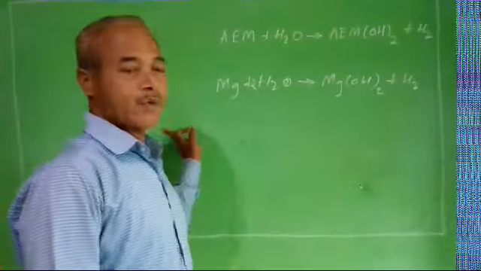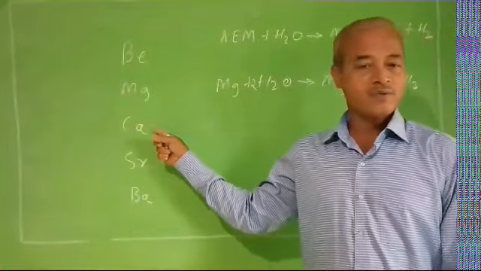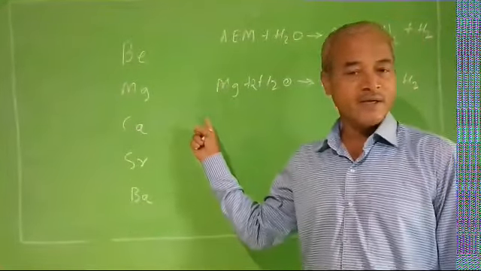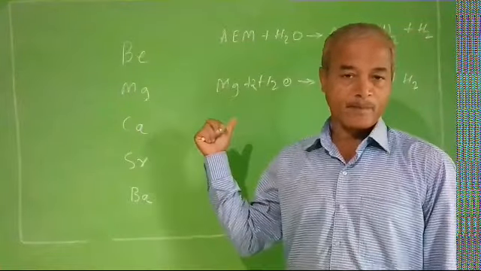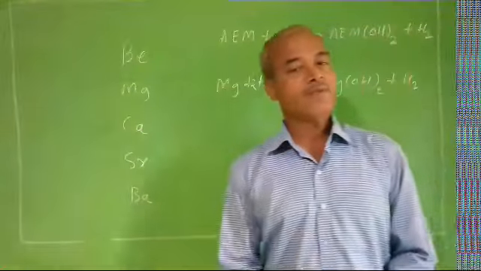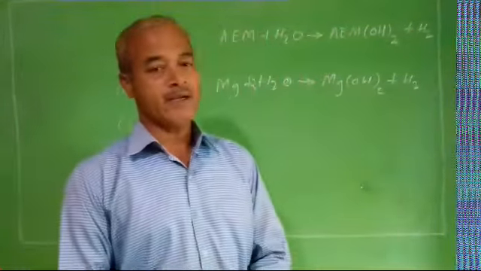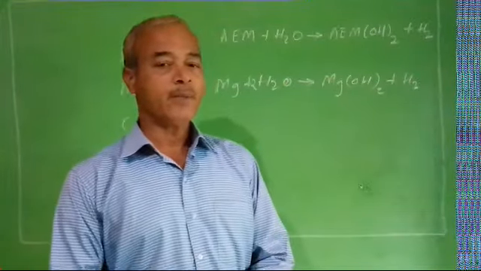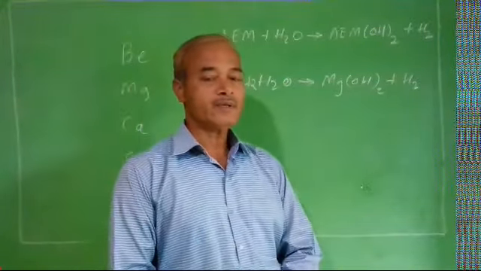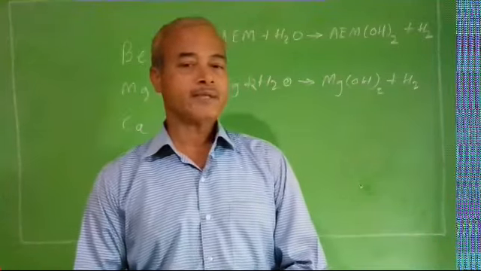Calcium is more reactive. So calcium can react with water to form calcium hydroxide and hydrogen. Strontium reacts with cold water to form strontium hydroxide and hydrogen gas. Barium reacts with cold water to form barium hydroxide and hydrogen gas.